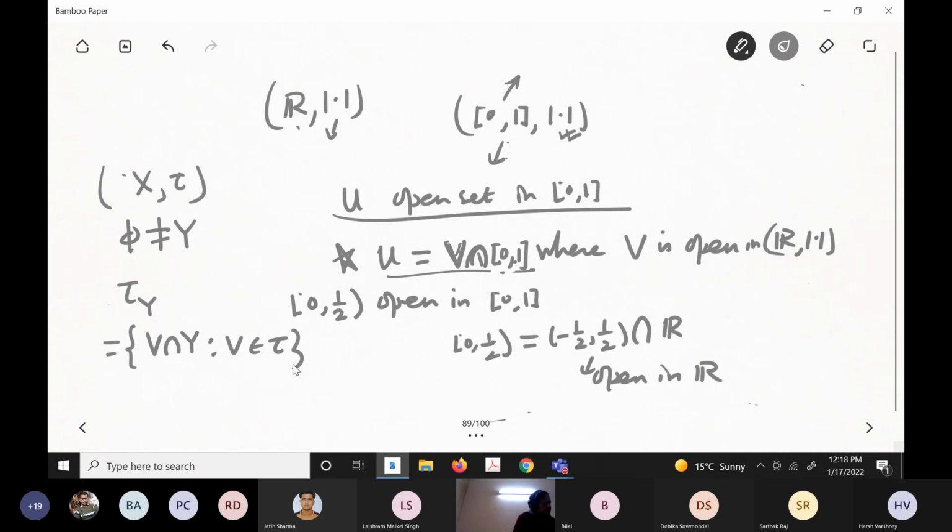That will be a topology because whatever conditions of topology I have given you will be automatically satisfied by the plain operations of set theory. The only thing is that all the time you will be carrying this luggage V intersection Y. That means all the open sets of X, but only that part which is contained in Y, you will have to consider.